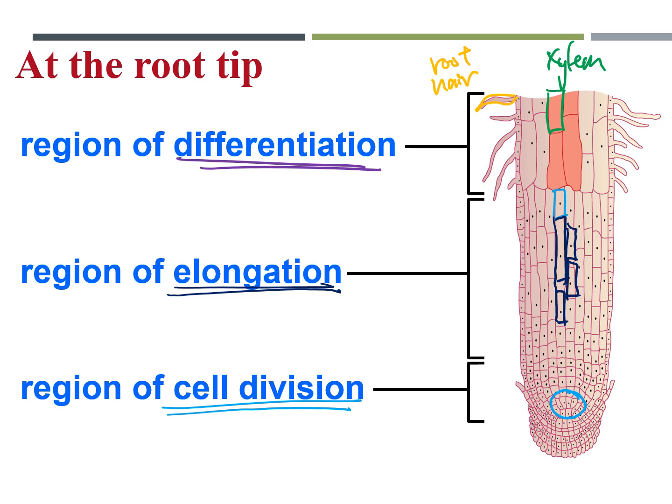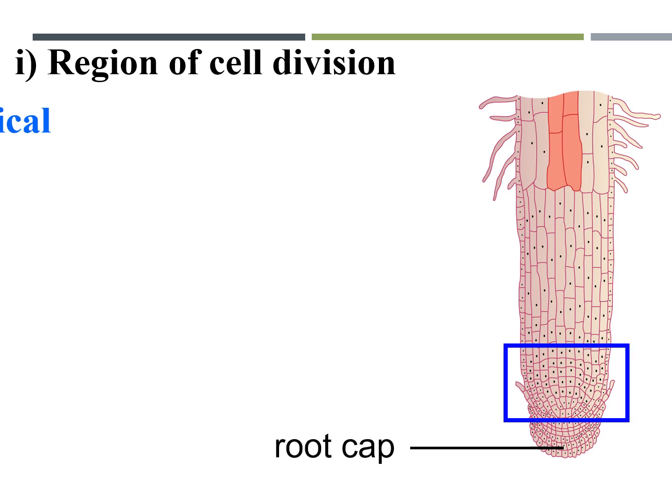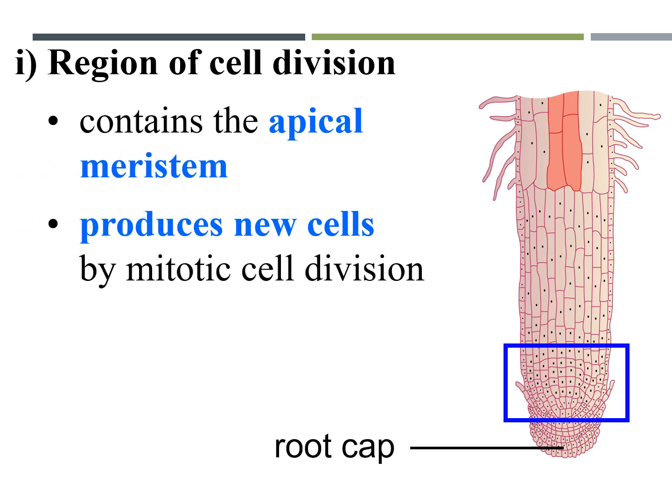This is the region of differentiation. Let's take a look at the region of cell division first. It is right behind the root cap, containing the apical meristem. Many small tiny cells. And the apical meristem produces new cells by mitotic cell division.